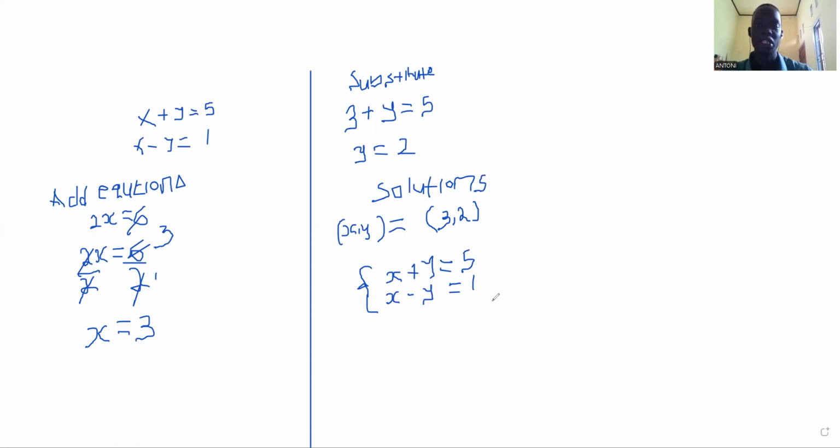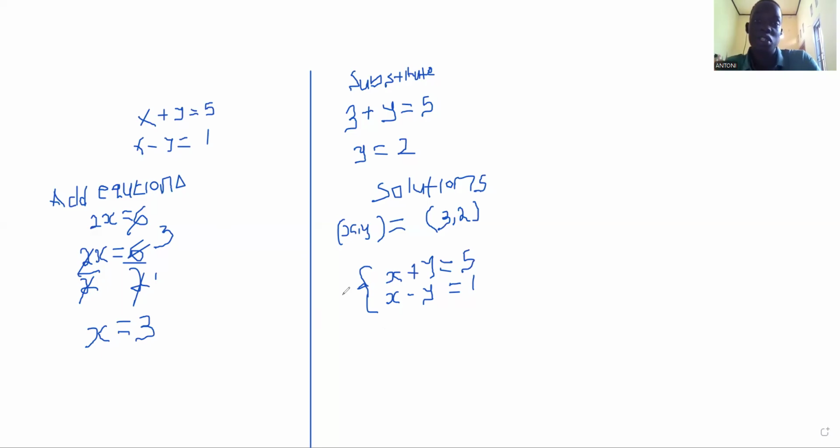Let me not write it down, but it is the elimination method. In the concept of the system of linear equations, we have different methods. We have substitution, we have elimination, and many other methods to solve the problems.